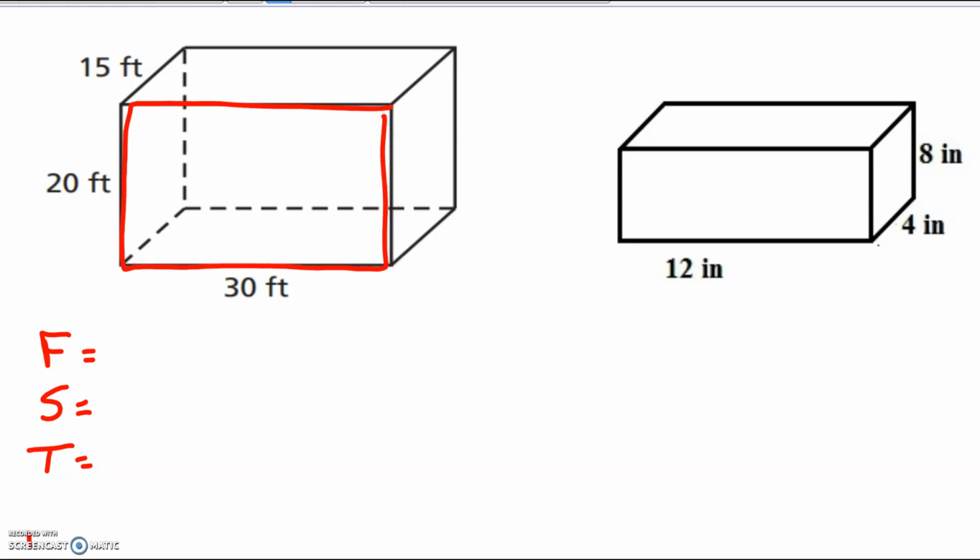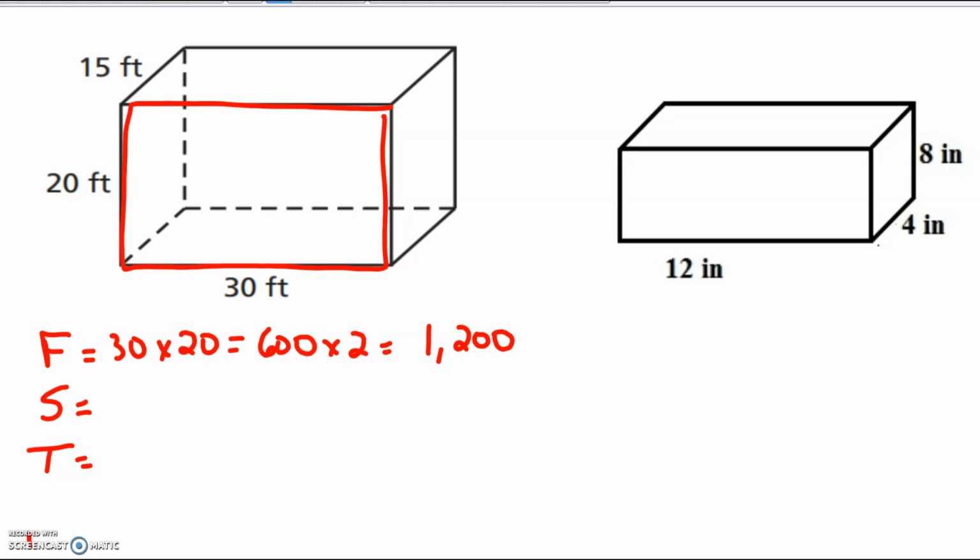It's a rectangle, length times width, so it's going to be 30 times 20, and that's going to be 600. Remember, you do 3 times 2 and add the 2 zeros. Now, because we have a front and we have a back, we're going to double this. The front and back are the same sides, so it's 1,200.